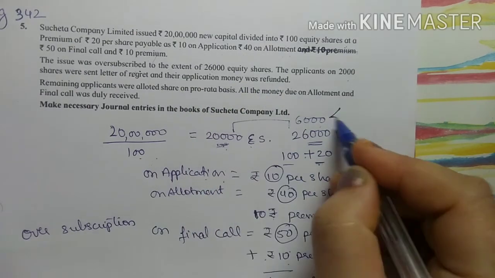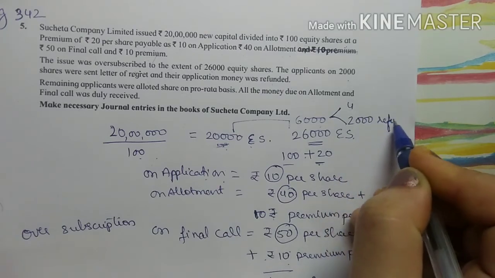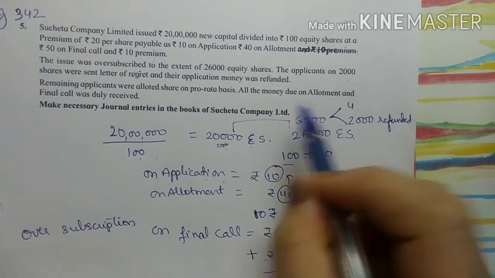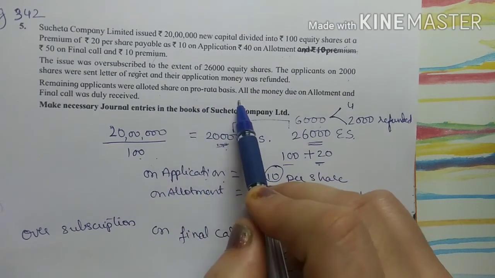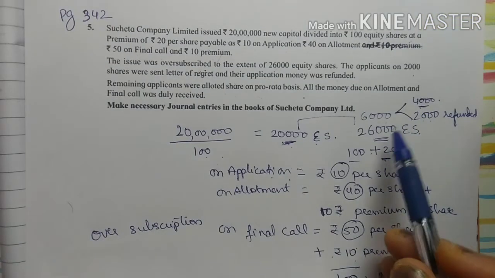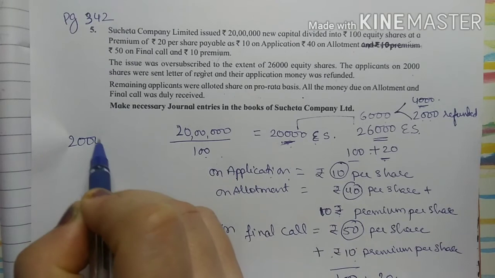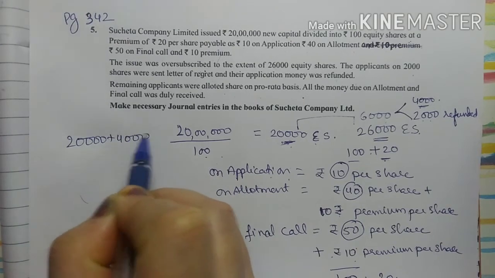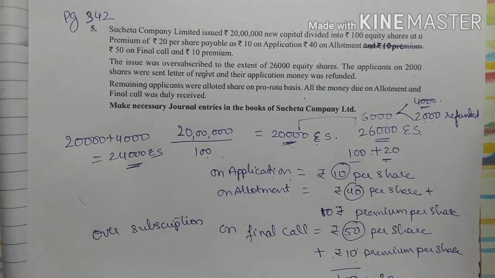So out of this 6,000, 2,000 has been refunded, right? And remaining applicants were allotted shares on pro rata basis. So remaining is how much? 4,000. So the total shares allotted will be 20,000 plus 4,000, that is 24,000 equity shares were allotted.